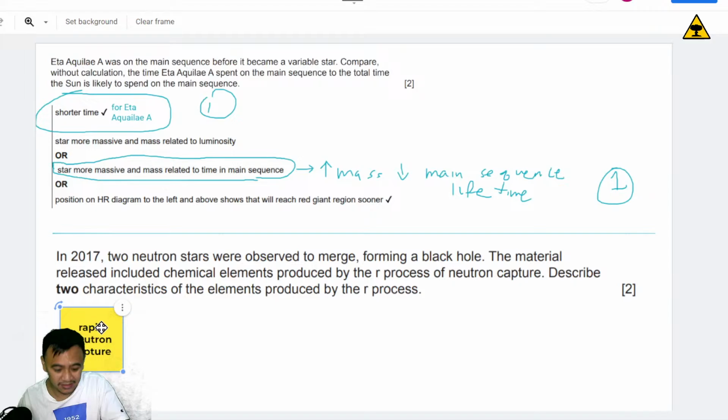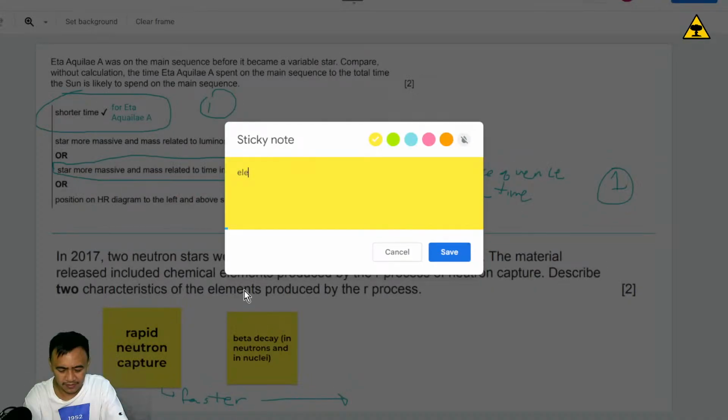Okay, so because this is the faster process, elements can be built faster than they can decay, right? Yeah. So elements can be formed faster than elements decaying. Yeah, that's it.